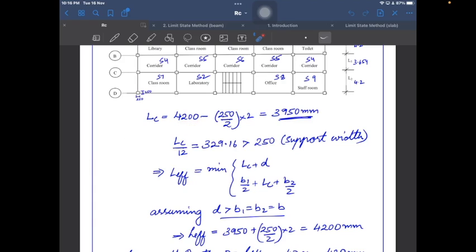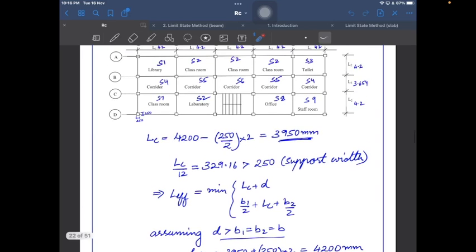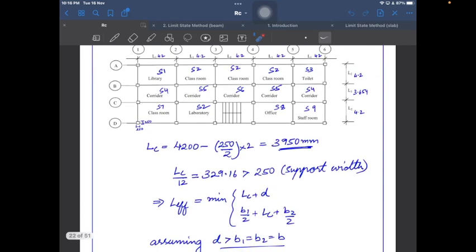What will that 4200 be? It is center to center, right? Yes, 4200 is the center to center distance, so we subtract half from this end and half from this end, this column and this column.